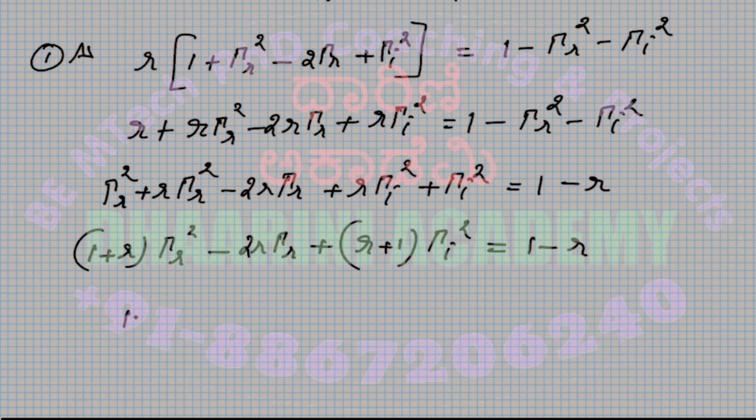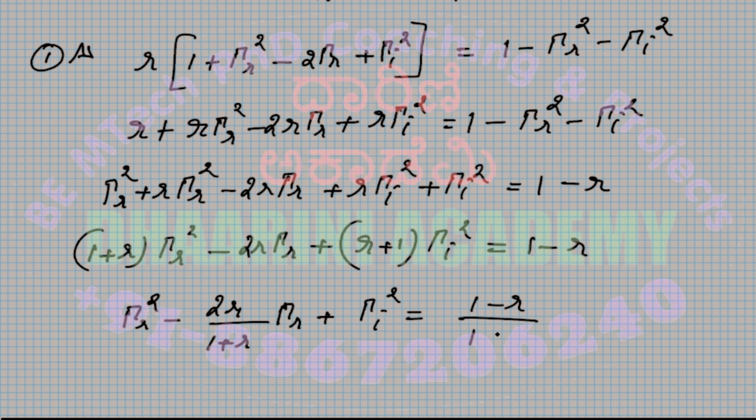So that means gamma r square minus 2 times r divided by 1 plus r times gamma r plus, what do I have? I'm dividing by r plus 1. So here I'm left with only gamma I square equal to (1 minus r) by (1 plus r).